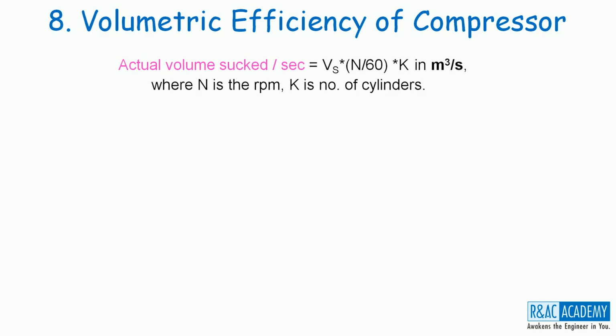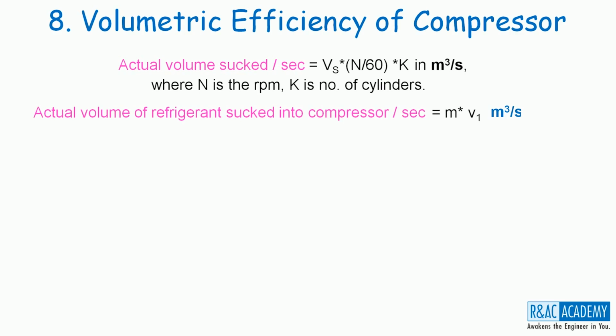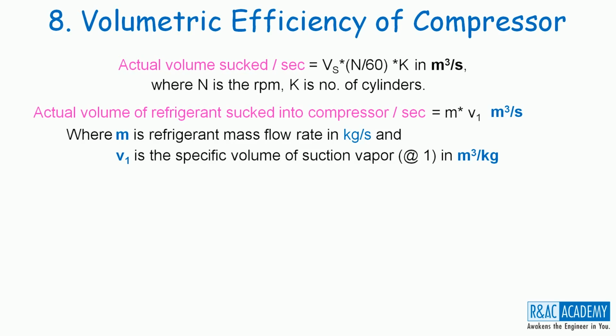We had also seen in lecture number 4 the actual volume of the refrigerant sucked into the compressor per second as m into V1, expressed in meter cube per second, where m is the mass flow rate of the refrigerant in kgs per second and V1 is the specific volume of the suction vapor corresponding to state point 1, expressed in meter cube per kg.